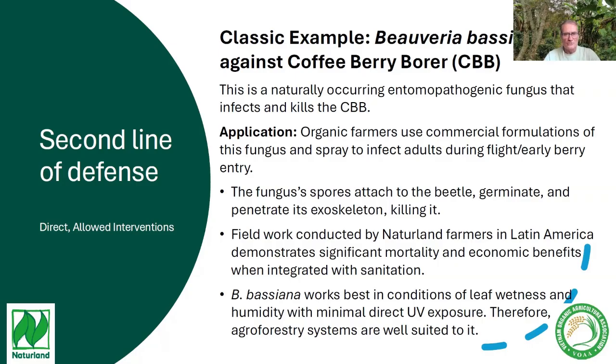This fungus actually is a soil-borne fungus, but can be found in many countries and environments. And organic farmers normally use commercial formulations of this fungus, and they spray it on the coffee plants or even on the intercrop trees during the flight or early berry entry. So that is a very successful story. It's used since many years.